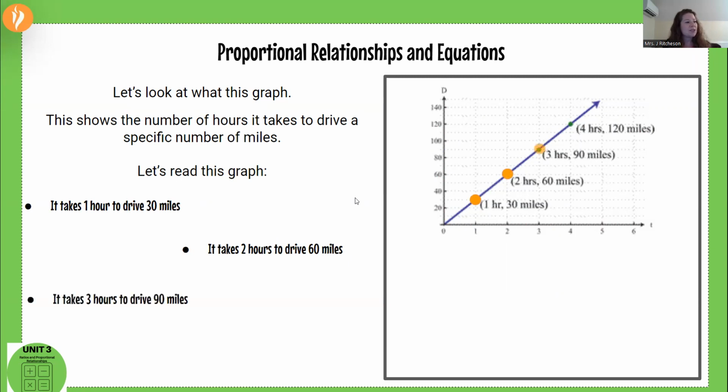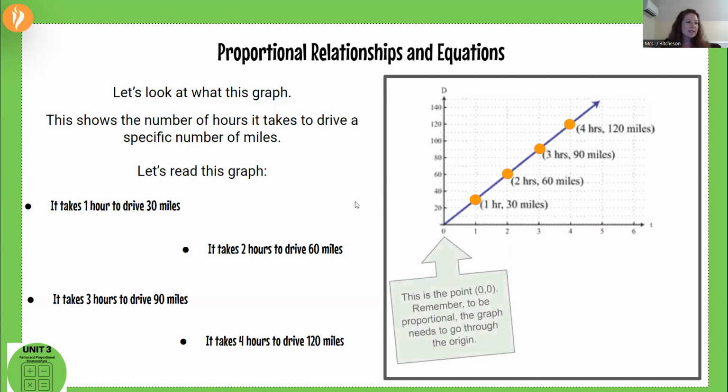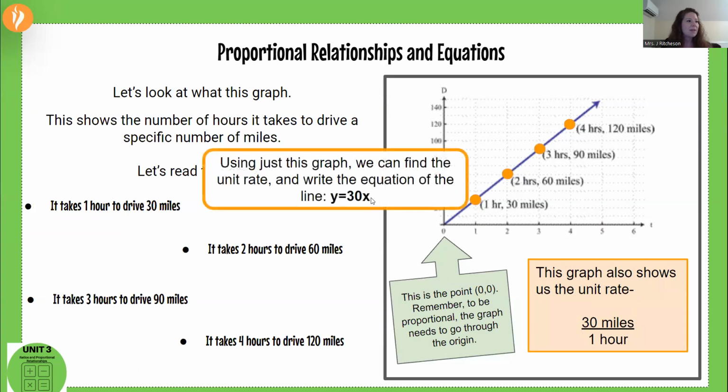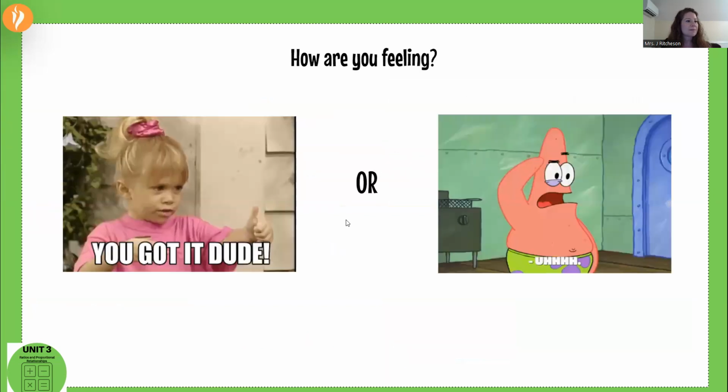It takes 2 hours to drive 60, 3 hours to drive 90, 4 hours to drive 120. This is the 0, 0. Remember, to be proportional, the graph needs to go through the origin. The graph also shows us the unit rate, 30 miles per hour. Therefore, our equation is y equals 30x.